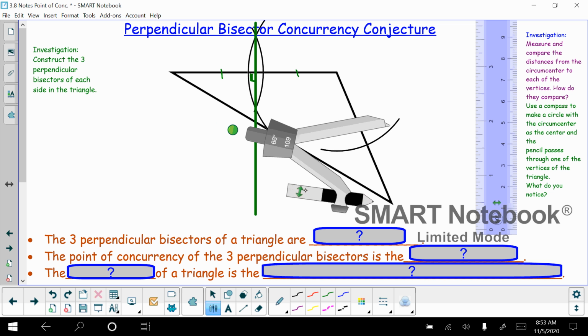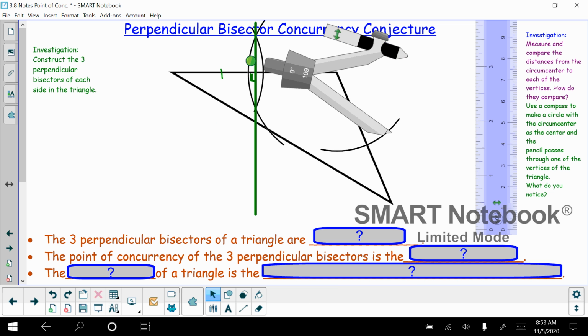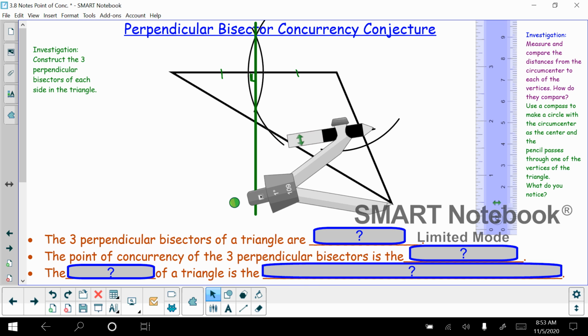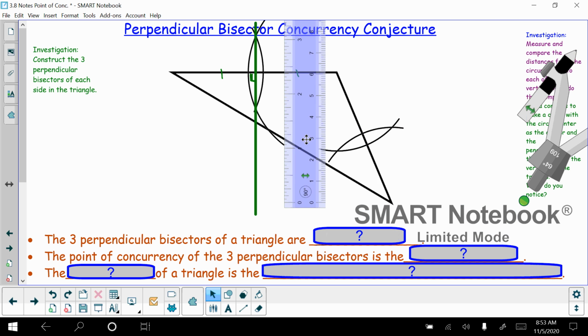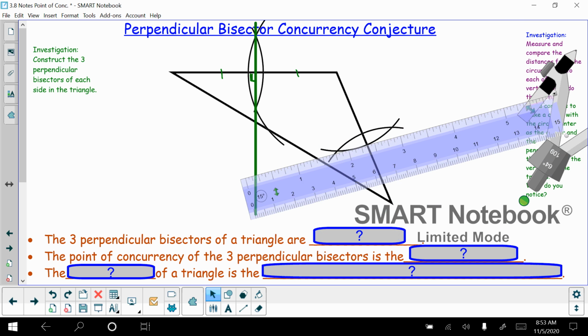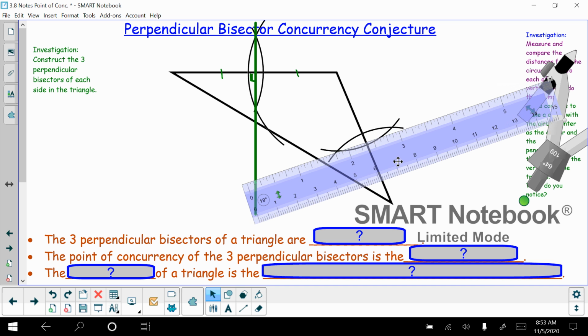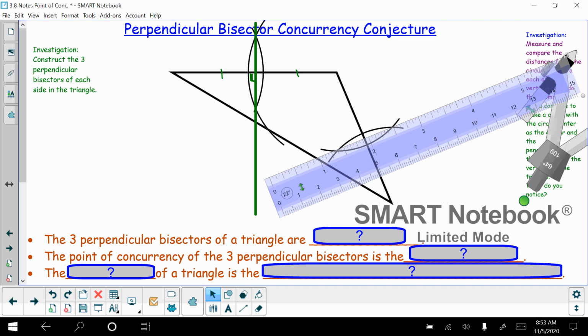Hopefully I went more than halfway. Yes, I did, thank goodness. So now we're going to get our ruler and make that perpendicular bisector. Make sure you line up those intersections perfectly through, because you're drawing the whole segment.